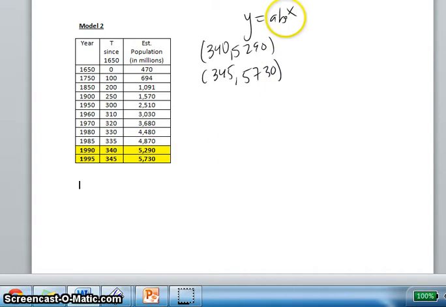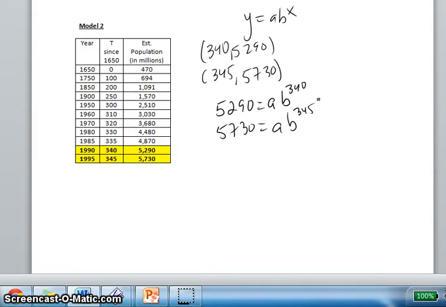We've got this equation. We substitute our values in for x and y to come up with 2 equations, and we have a system here. I'm going to use the first one here, 5290 equals ab to the 340th power, and 5,730 equals ab to the 345 power.